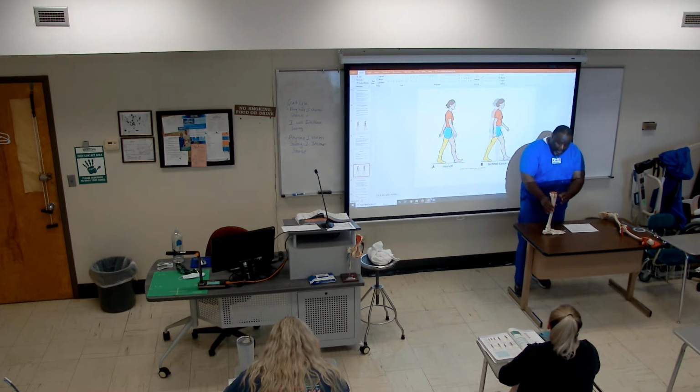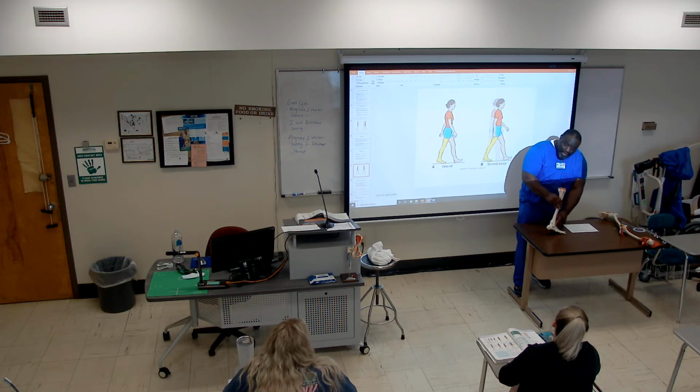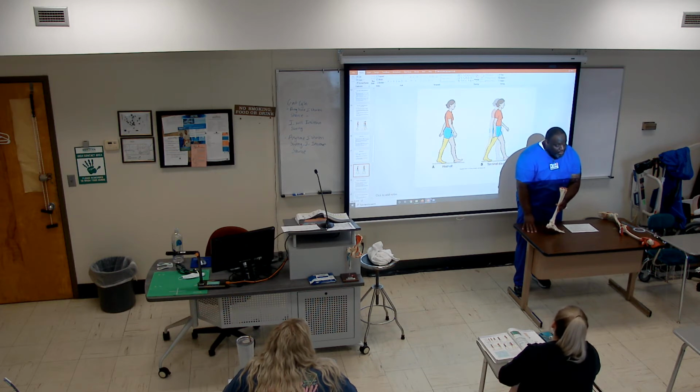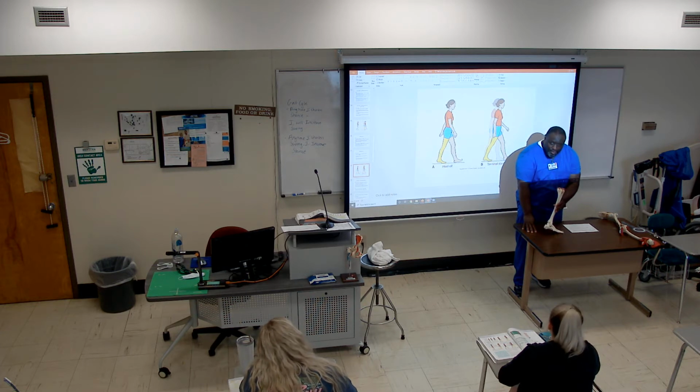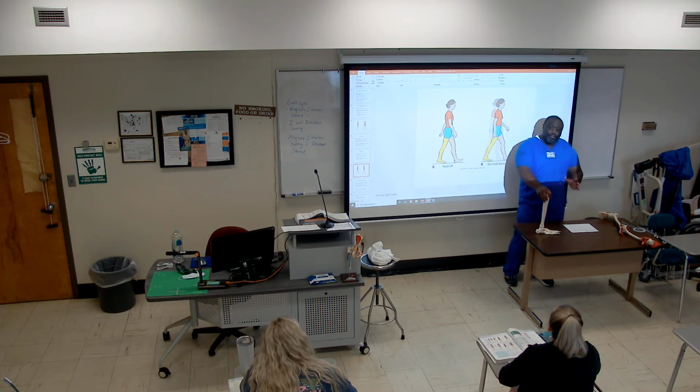Now, when my heel comes up, my tibia is still in the same position, but now I have to measure this as plantar flexion because my heel is open chain. Does that make sense? So that's how I get to 5 degrees of plantar flexion.